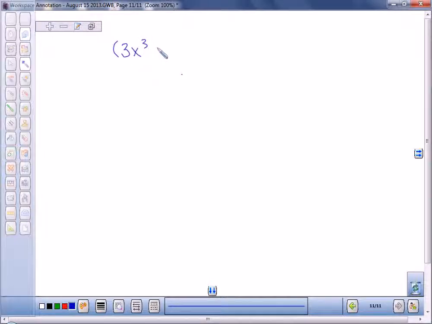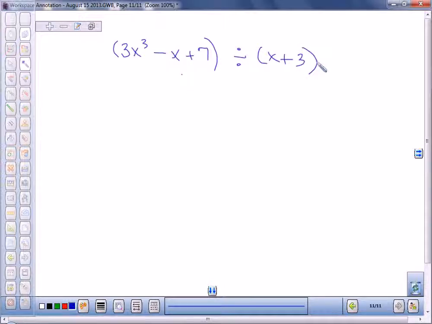So I'm dividing by a linear binomial with a leading coefficient of 1. I can do synthetic. So every time on the table I do, what can I plug in for x that would make this 0? What is the opposite of that constant? Negative 3.